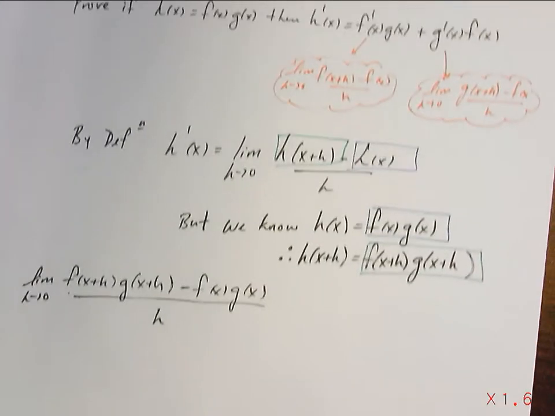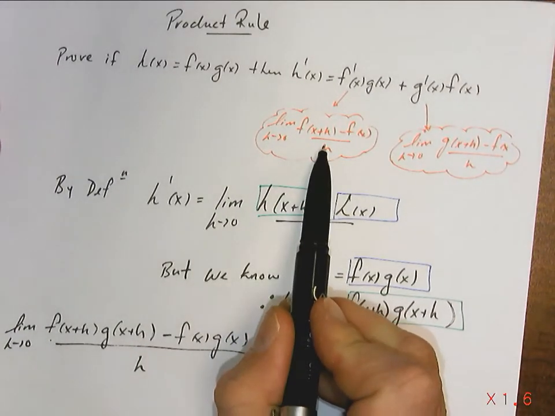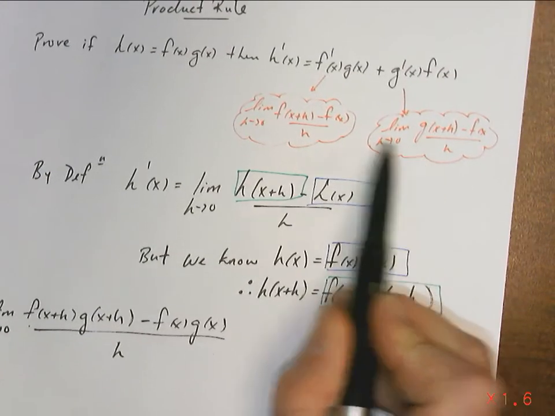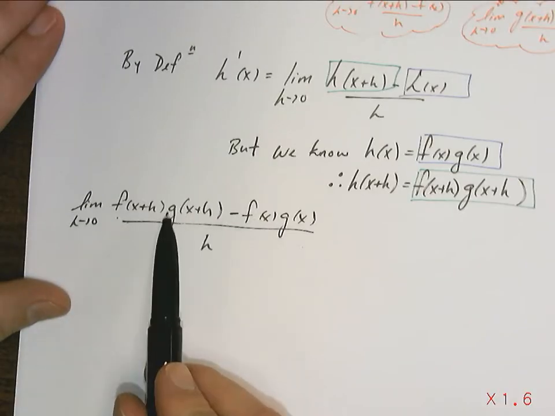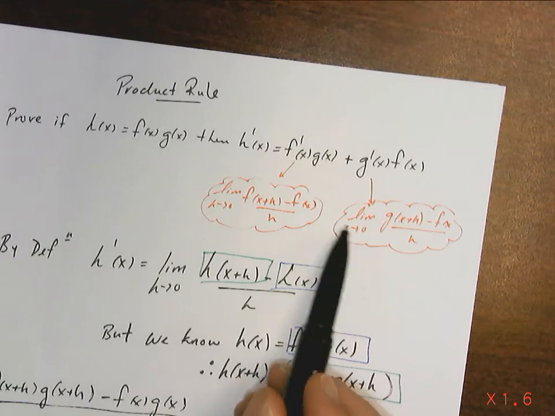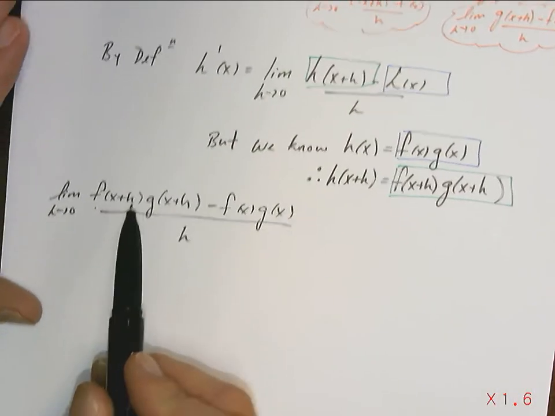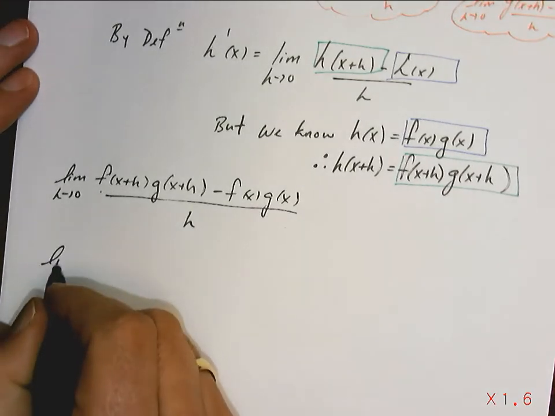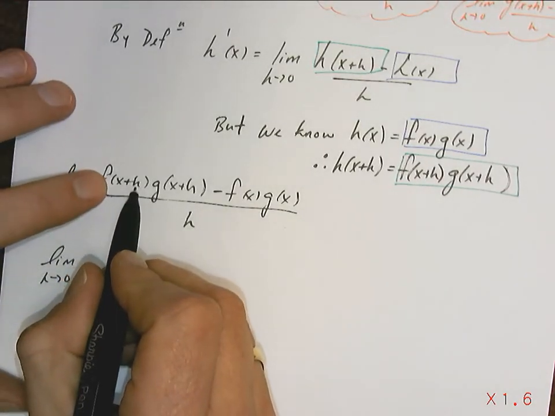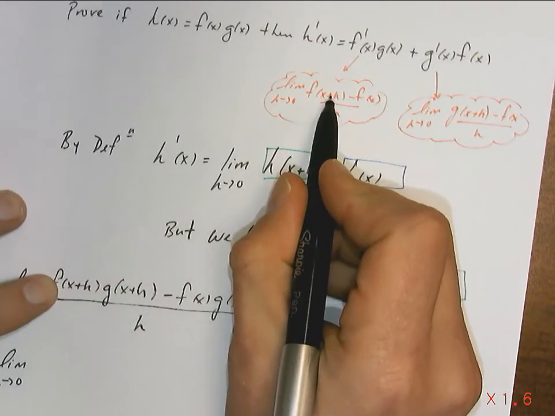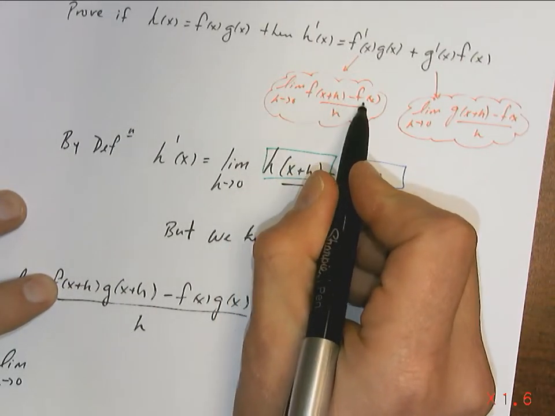Now, let's go back to what I said. This is what I want. I want to come up with some of these out of these. So what I'm going to do is think for a minute. I've got an f of x plus h. I really wish I had an f of x plus h minus f of x.